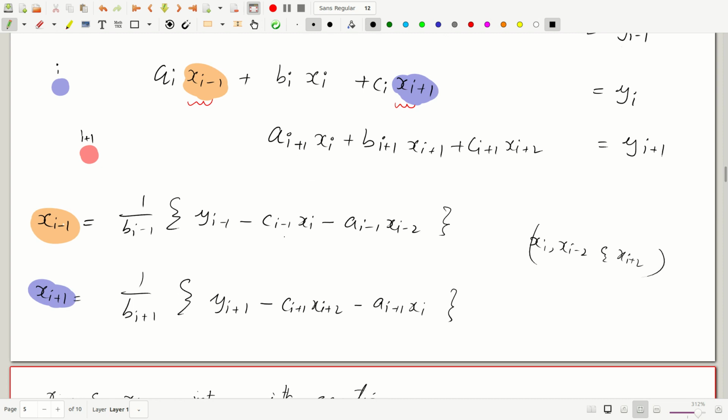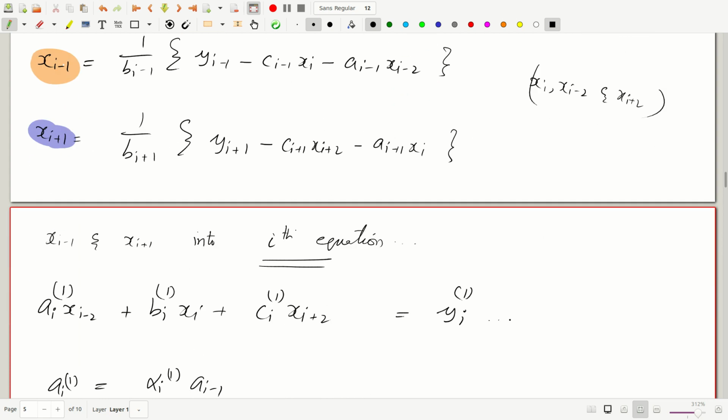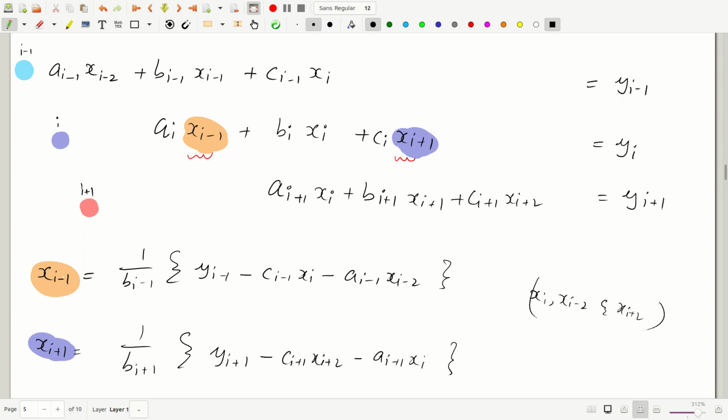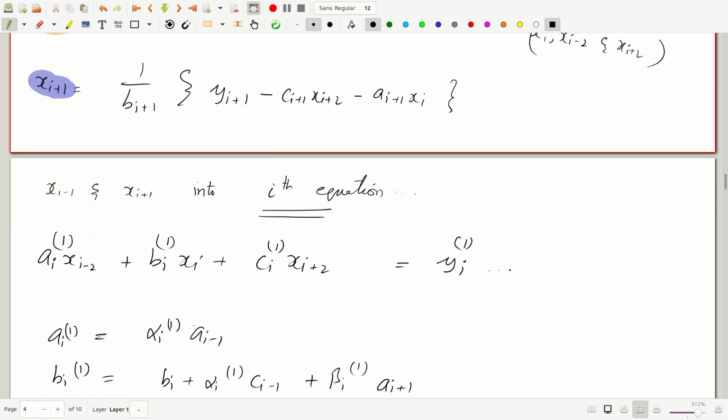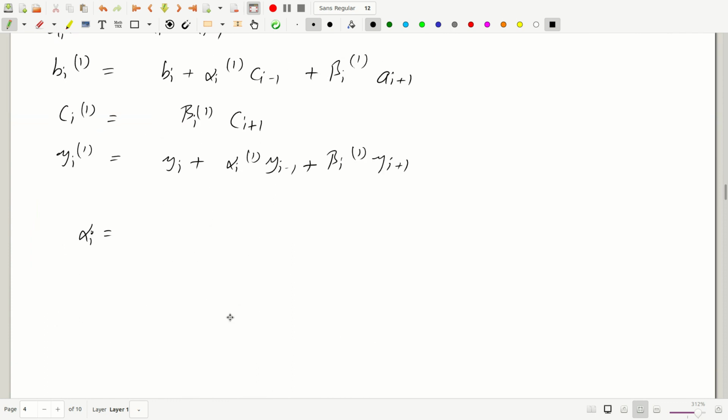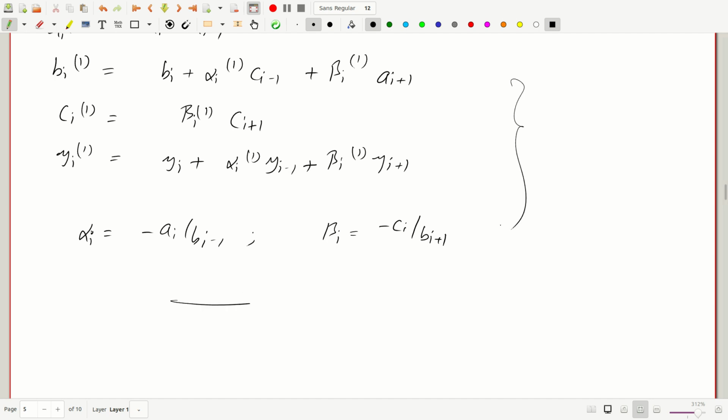So the coefficient alpha_i^1 is basically given by minus a_i divided by b_{i-1}, and the coefficient beta_i^1 is equal to minus c_i by b_{i+1}, okay, because the minus ones are already written here. So we have all these expressions, okay?